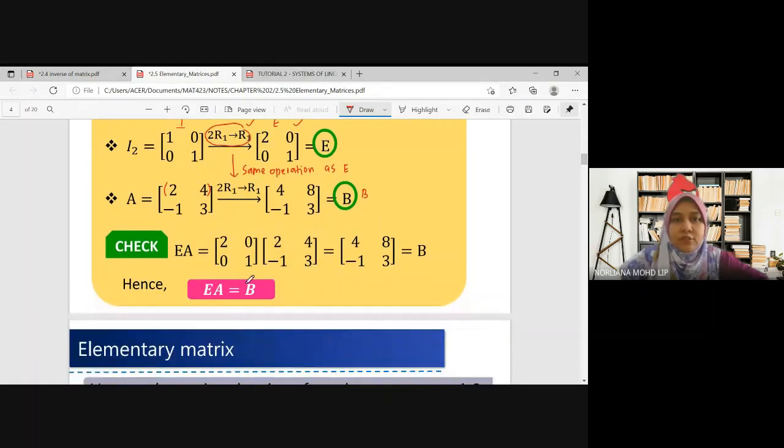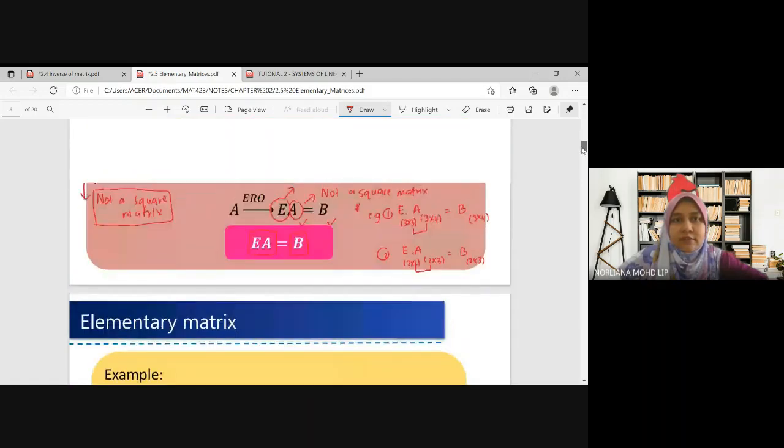Okay, then we check using the previous formula, E times A equal to B. This is E times A. The matrix A is the original matrix. E times A is equal to matrix B. So proof lah untuk theorem yang tadi, definition tadi.